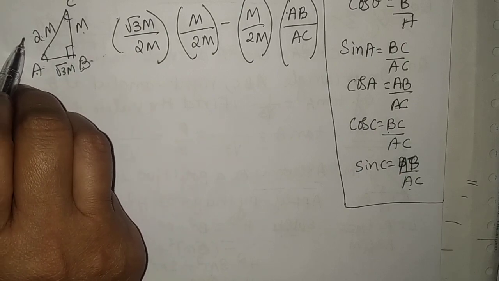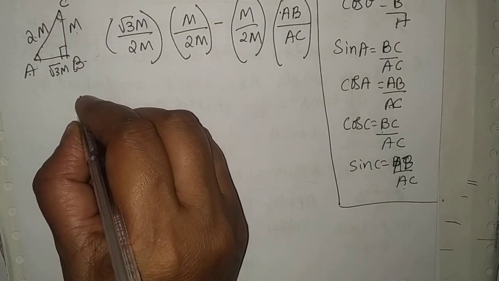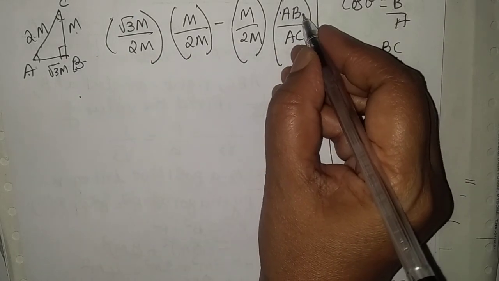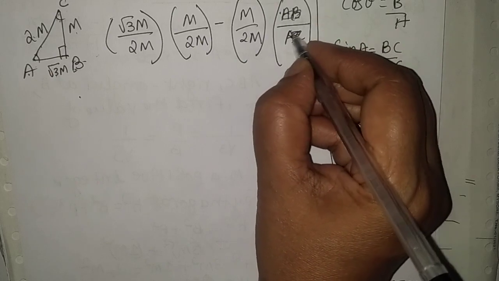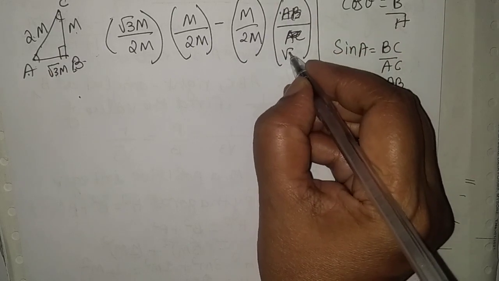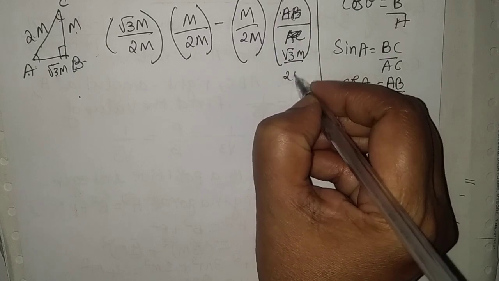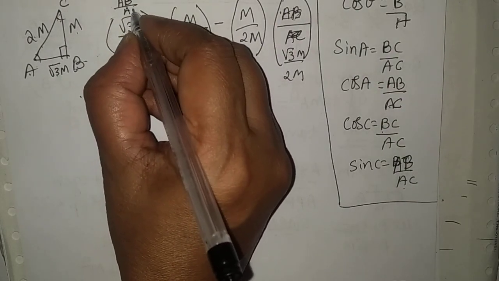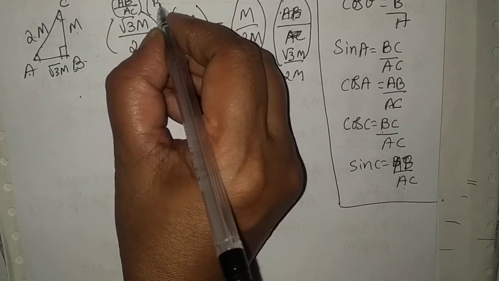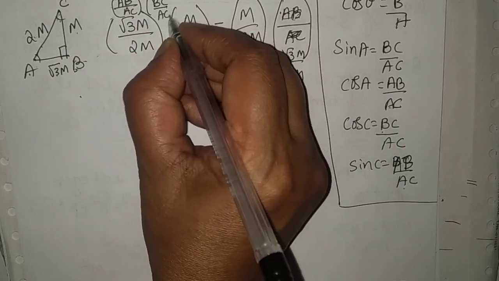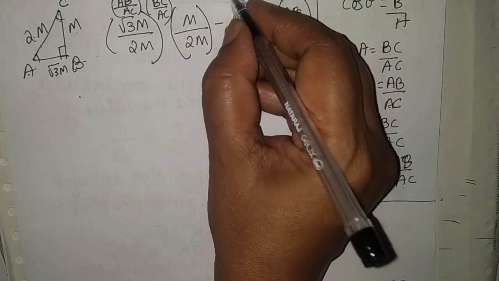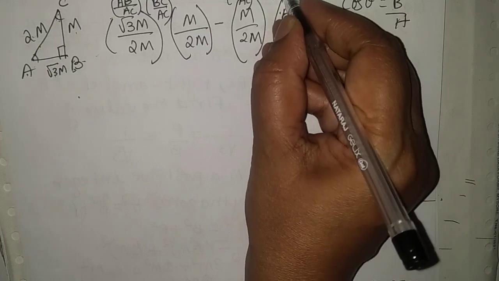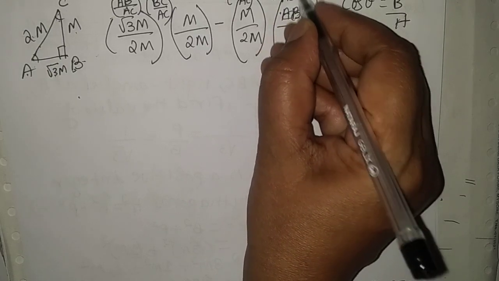So now after this, substitute the values. These are directly substituted, okay. So therefore it will be 3m by 2m. Once again I will substitute AB by AC, BC by AC, and AB by AC.